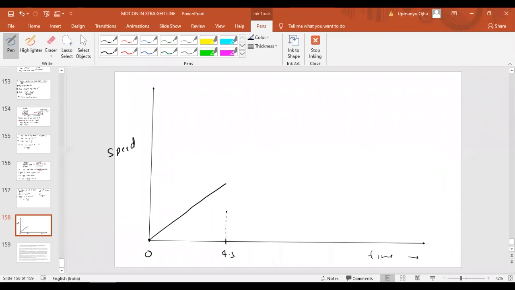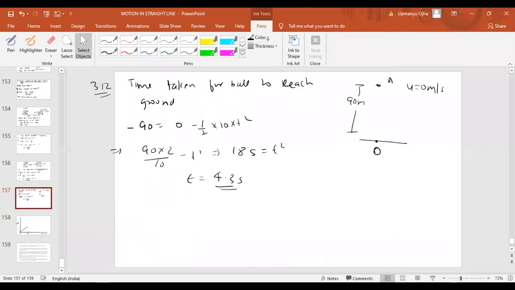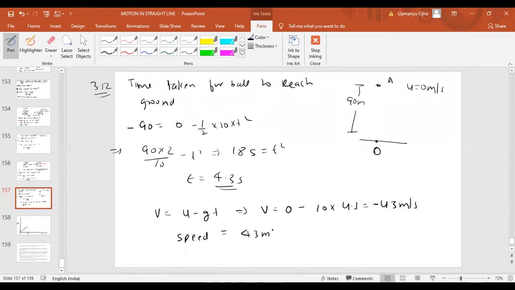And what is the speed when it reaches the ground? Velocity will be u minus gt, that is v equal to 0 minus 10 into 4.3, means minus 43 meter per second is the velocity, but speed is the magnitude of the velocity, that is 43 meter per second.